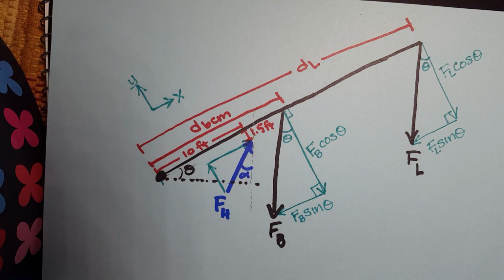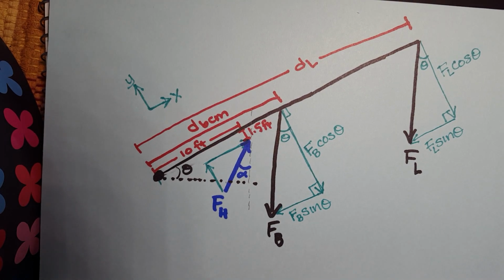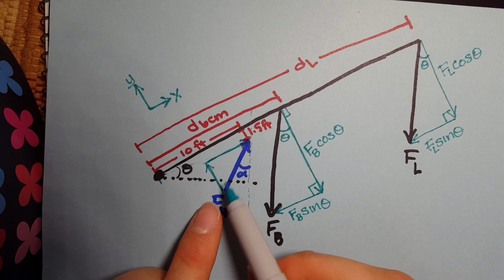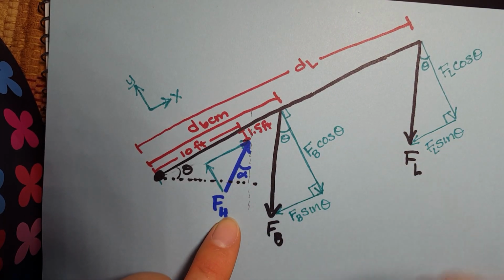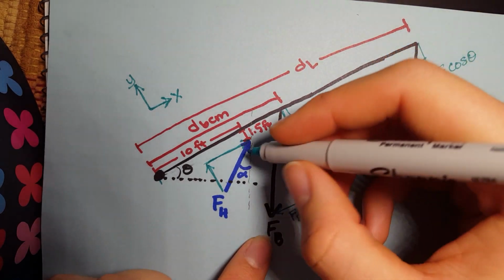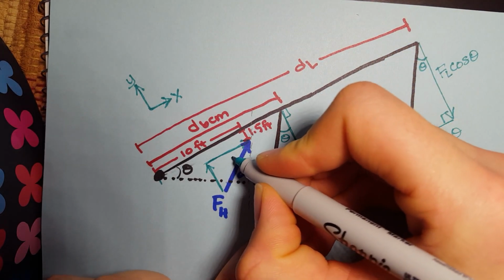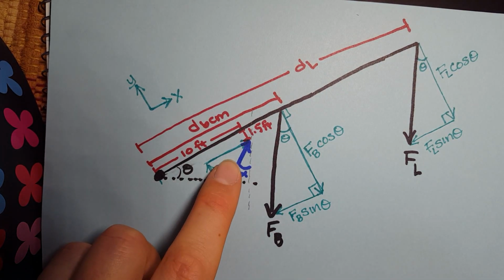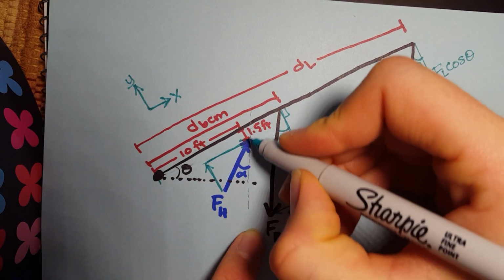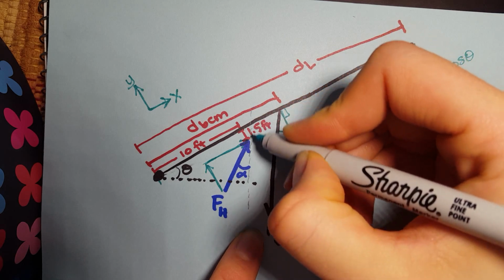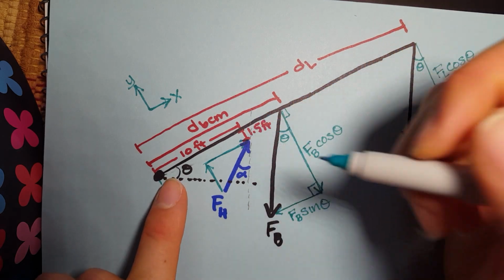So I'll draw a new free body diagram here in a second so that we can see this once we get this all broken down. But what we need to do is find what this angle is right here. So we have a new angle that's important. Because we know that this is alpha, and this alpha is from directly vertical.